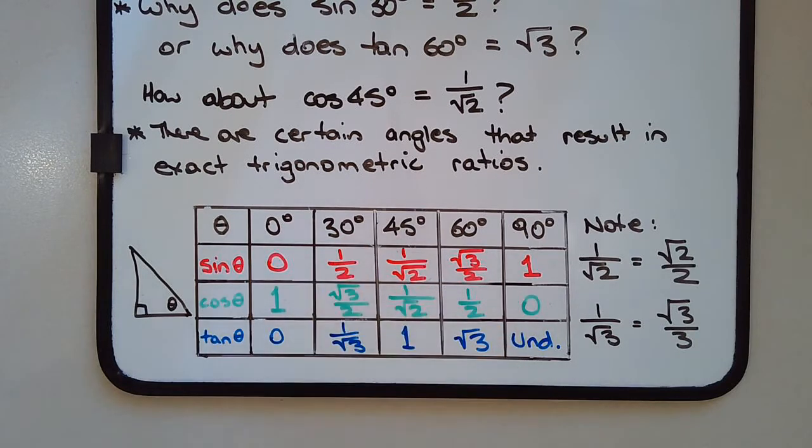Sine of 30 degrees equals 1 on 2. So that would mean then that the opposite side would be 1. The hypotenuse would be 2. Same thing with sine of 45 degrees. Opposite side is 1. The hypotenuse is square root of 2.